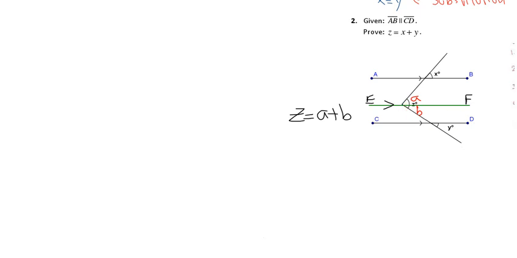And so because corresponding angles are congruent, that makes the angle whose measure is Y equal to this angle whose measure is B. So Y is equal to B, and so I can come here and substitute the B with the Y, and I'm going to end up with this statement, which is supposed to be our final conclusion.